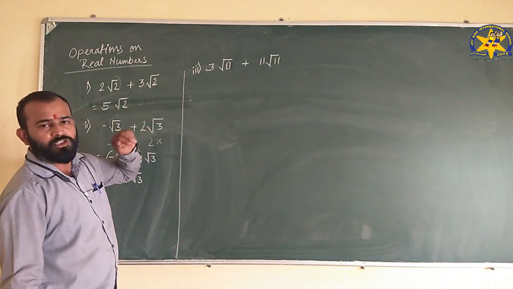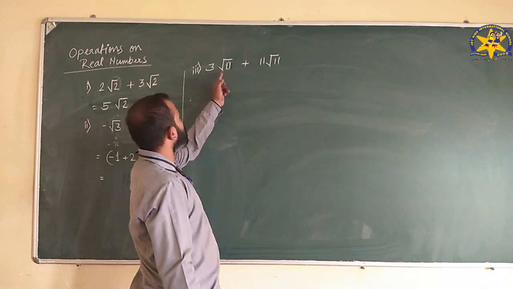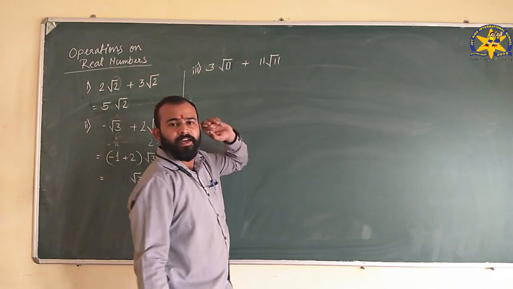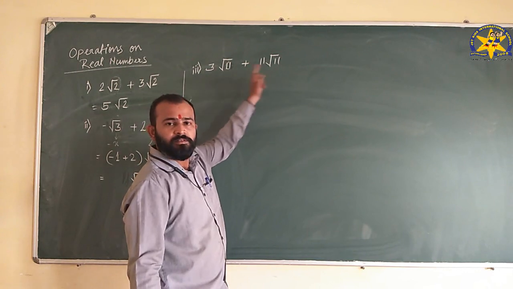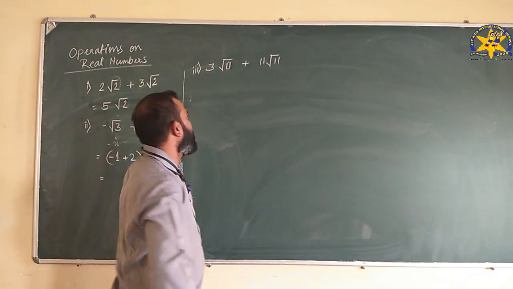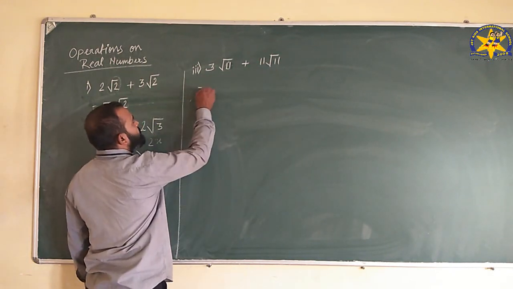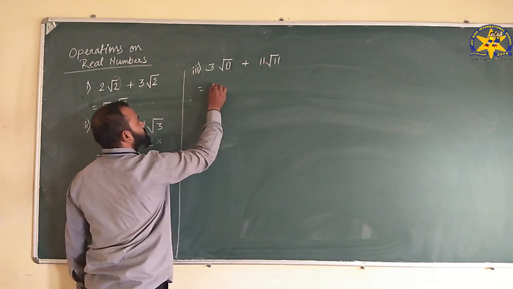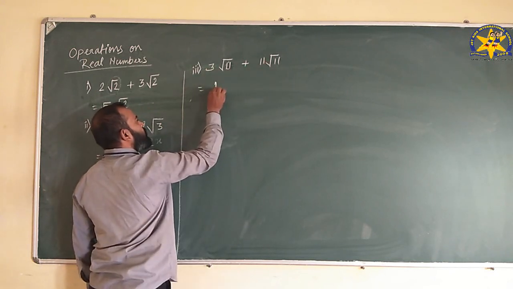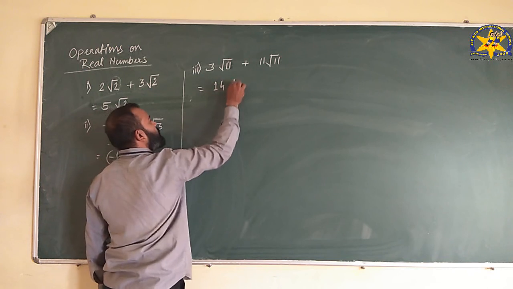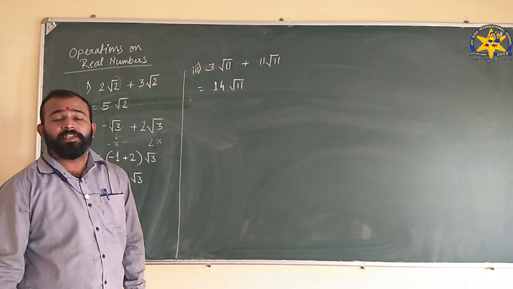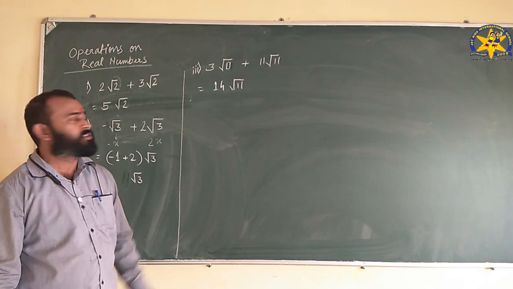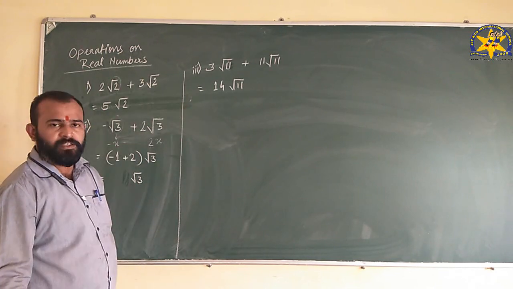Here also in the square roots there are the same numbers, meaning these two are like terms. If they are like terms, then add them. 3 plus 11, that is 14, and root 11 as it is. So in this way, if there are like terms, then we can add them like this.